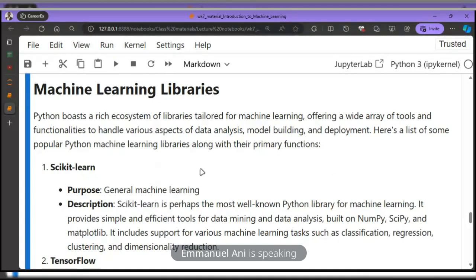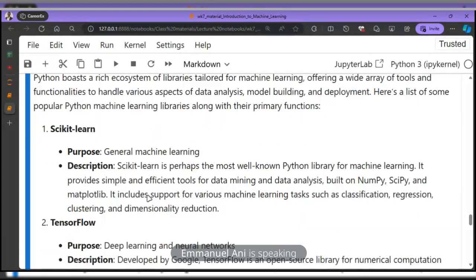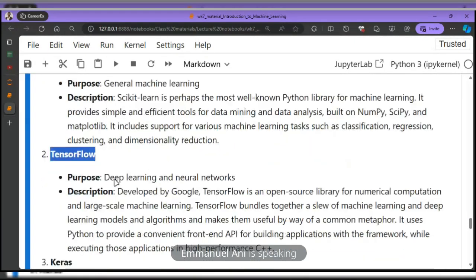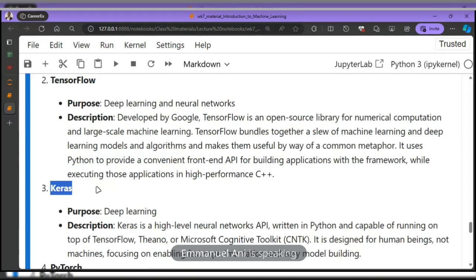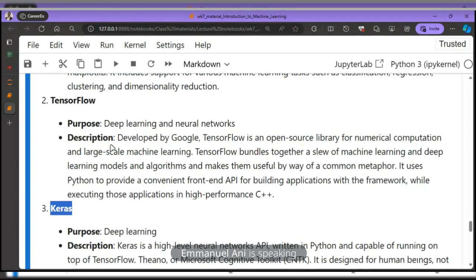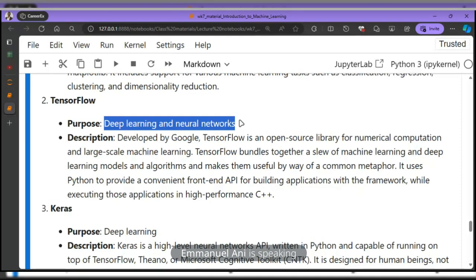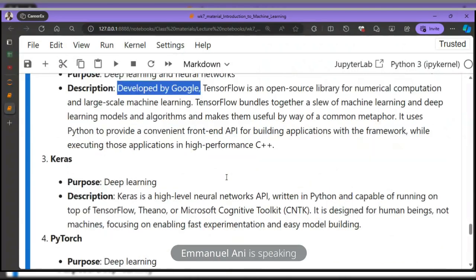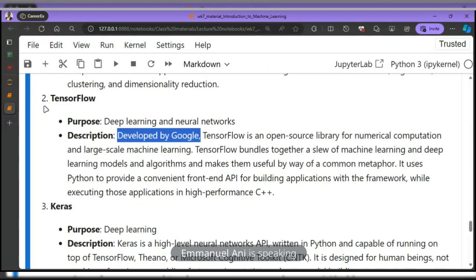So don't get intimidated. We have another library, TensorFlow. We are not going to be using this, but just for you to know, we have Keras. TensorFlow is used for deep learning and neural networks, which I explained. All right, it was developed by Google, and you can see all the description here. Keras and TensorFlow are actually together now. They merged, so we have Keras inside TensorFlow.